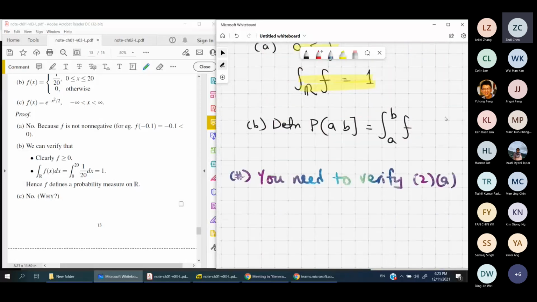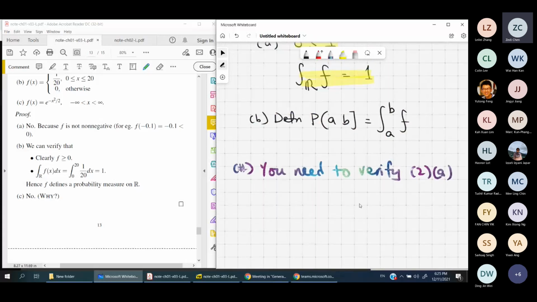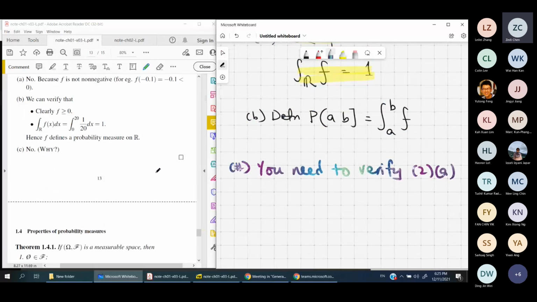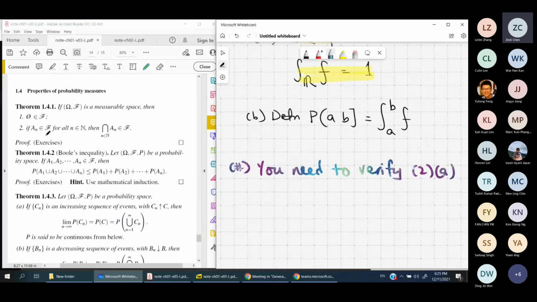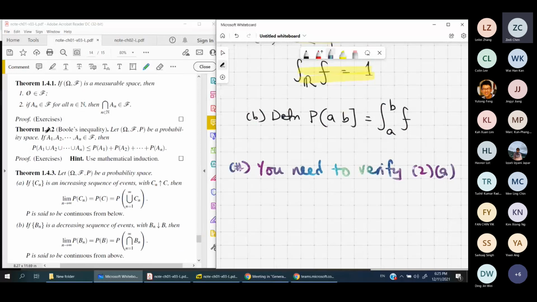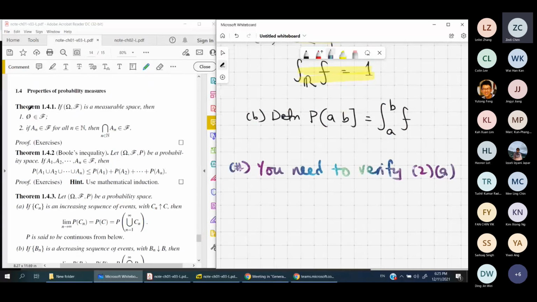All right, next we proceed to the last part, where we look at some properties of the sigma field or the probability measure, in the form of theorems. Theorem 1.4.1 is the first one.